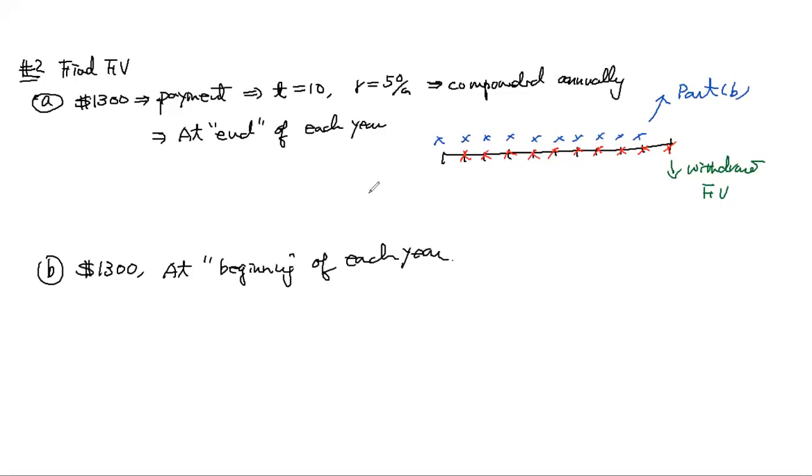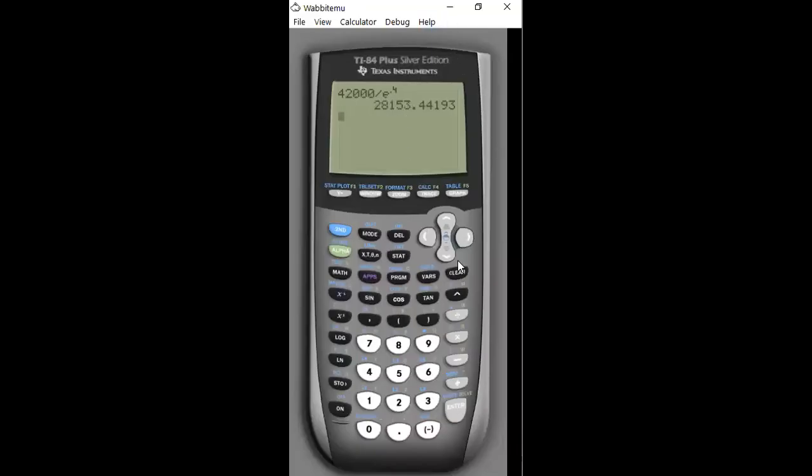Okay, so now let me switch back to the TI-84 calculator and see what we got here. So I'm going to the calculator, share. Okay, so we do the apps here, finance, TVM solver. So N here will be what?